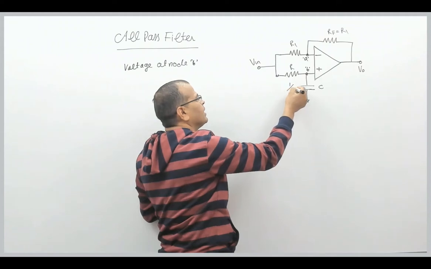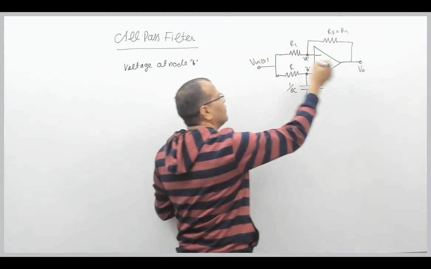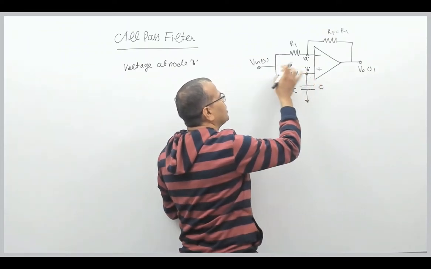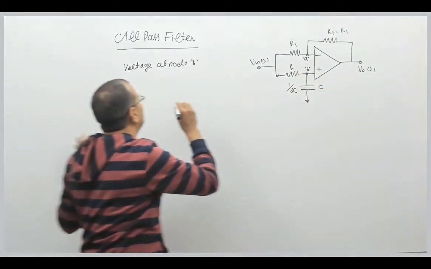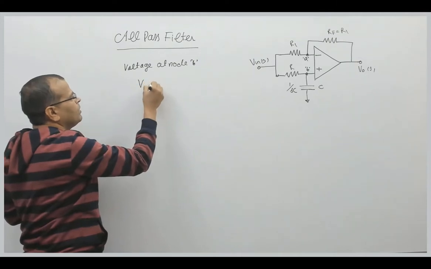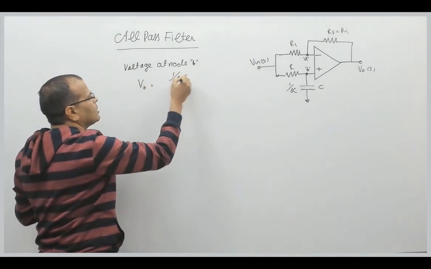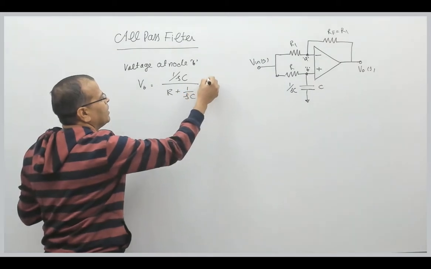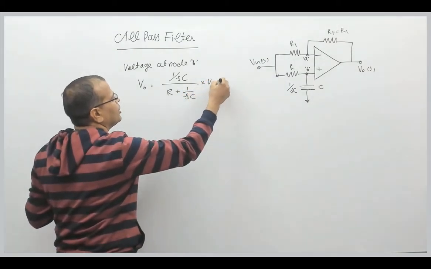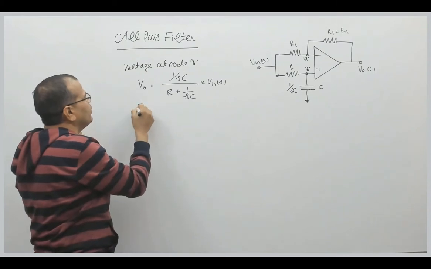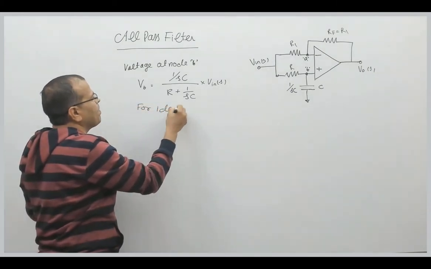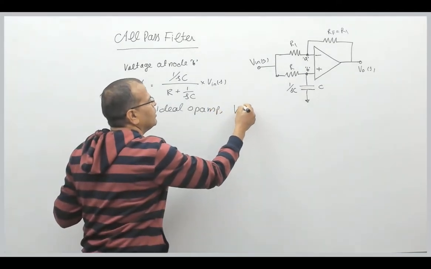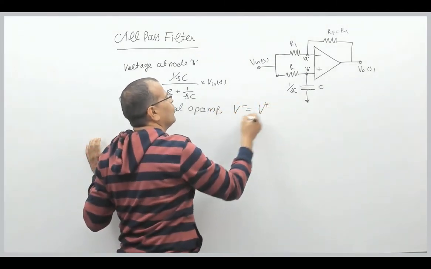I will be taking the S domain first to find the transfer function of this filter. So this impedance divided by the sum of the two, multiplied by the input, is the voltage at node B. So the voltage at node B is 1 by SC divided by R plus 1 by SC, multiplied by the input voltage. And we know for an ideal op-amp, the voltage at the inverting terminal is the same as the voltage at the non-inverting terminal.